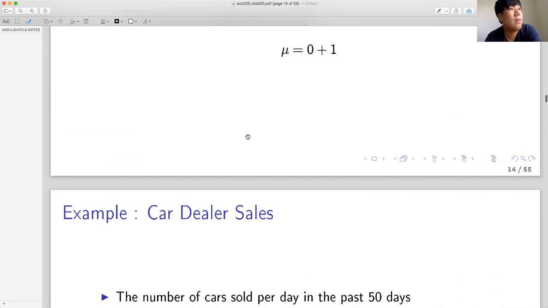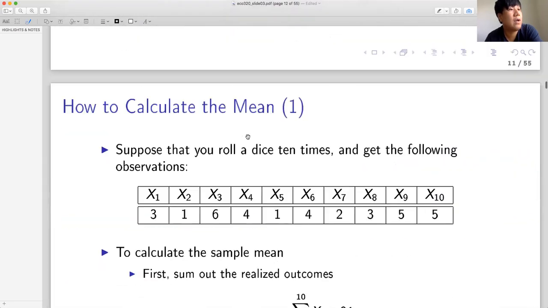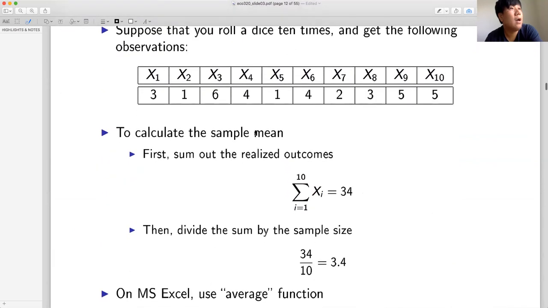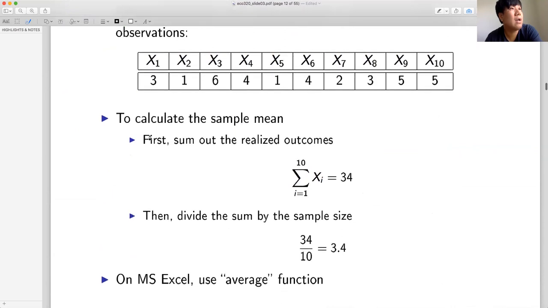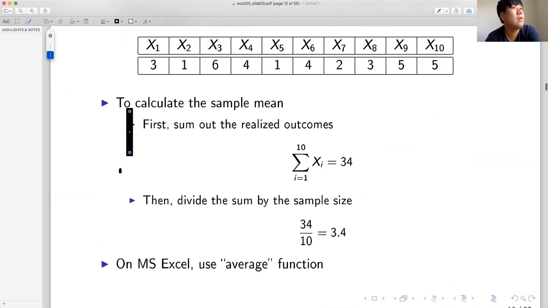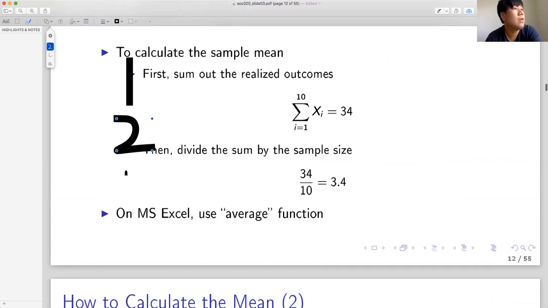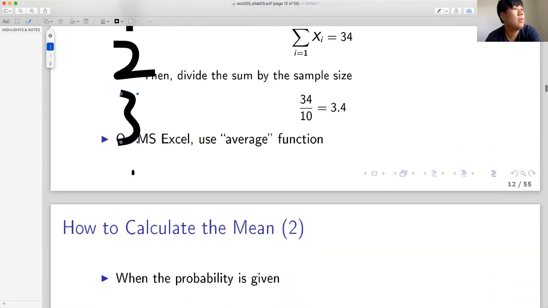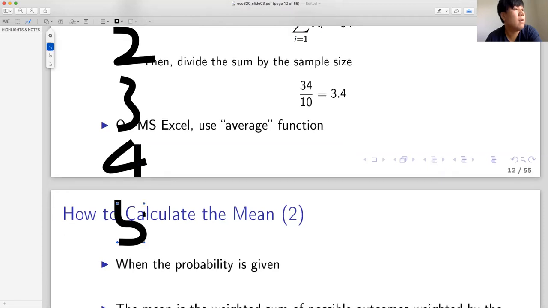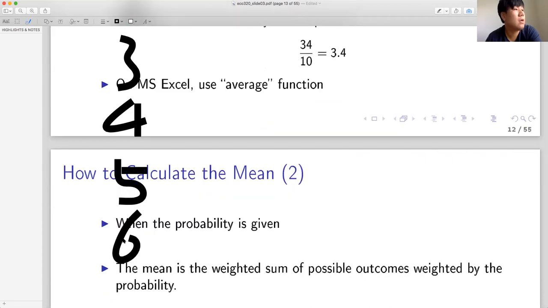Okay, the idea here is as follows. Let me show you another way of looking at these data sets. Let's say there are numbers 1, 2, 3, 4, 5, and 6.